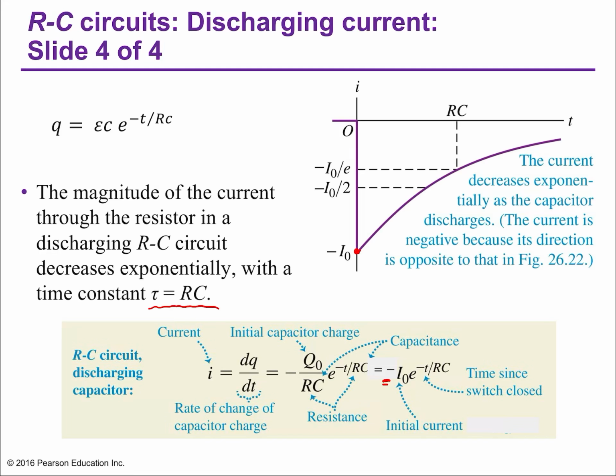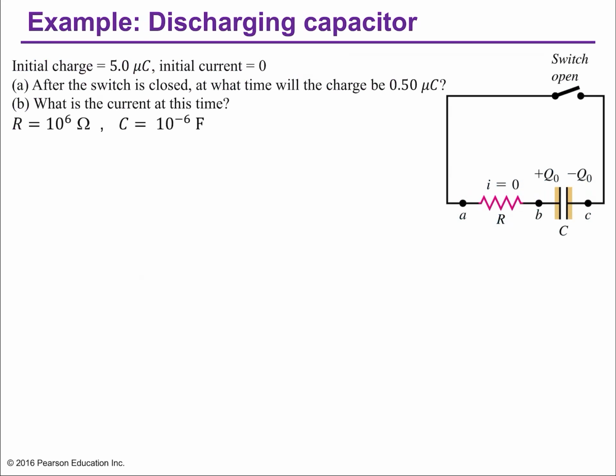So that is the end of the RC circuit. It would be a good idea at this point to look at a couple of examples. Let's take a capacitor that is connected to a resistor, and the capacitor is fully charged to begin with, and the switch is open. The initial charge of the capacitor is 5 microcoulomb.